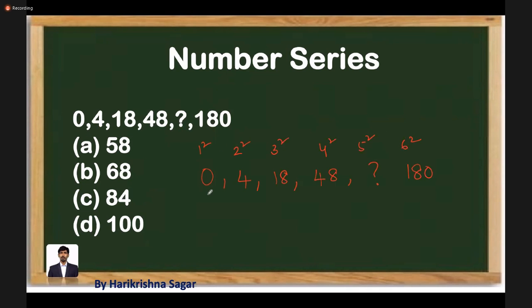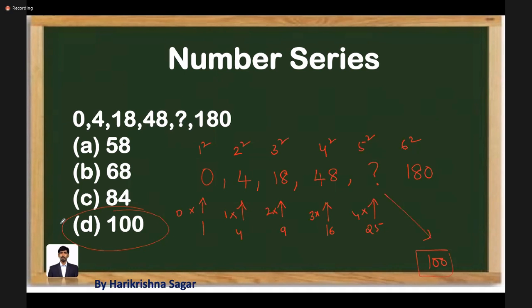We very well know 1 square is 1. 1 into 0 is 0. 2 square is 4. 4 into 1 is 4. 3 square is 9. 9 into 2 is 18. 4 square is 16. 16 into 3 is 48. 5 square is how much? 25. 25 into 4 is going to be your answer. The answer choice must be 100. Mark it as option D.